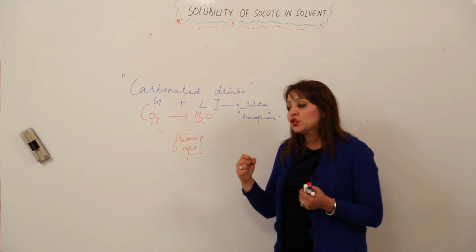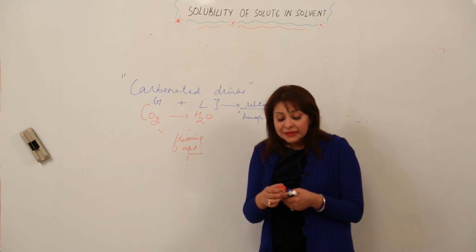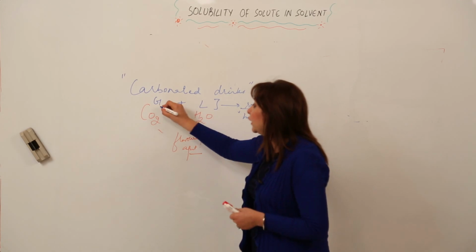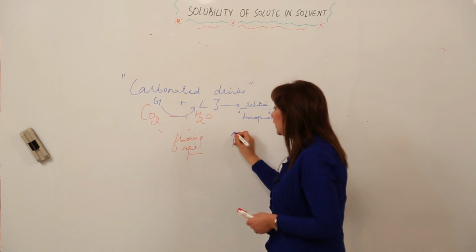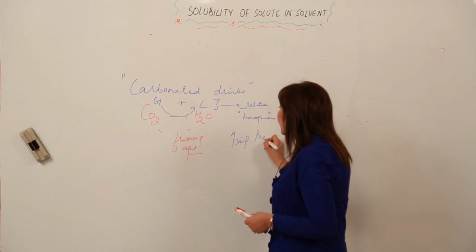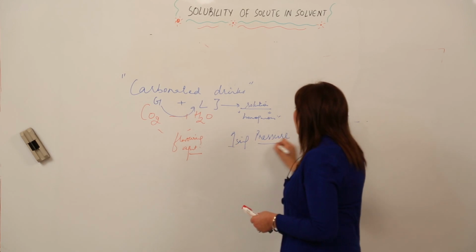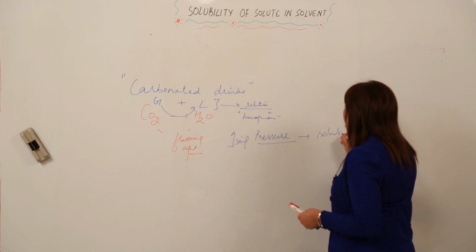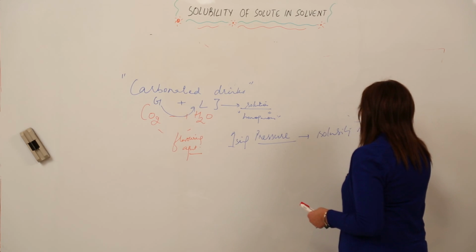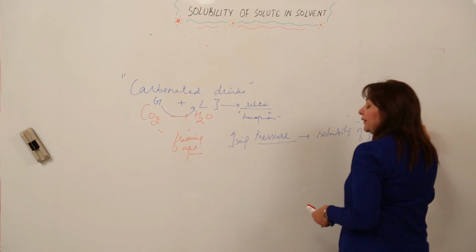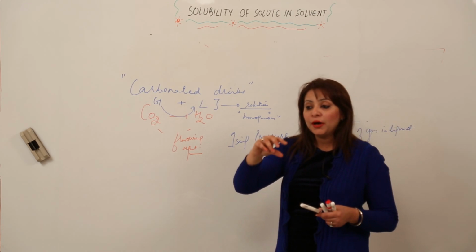We have just increased the pressure. Gases get dissolved in a liquid by increasing the pressure. The more you increase the pressure, the more is the solubility of gas in liquid. That is why carbonated drinks are sealed by the cap.